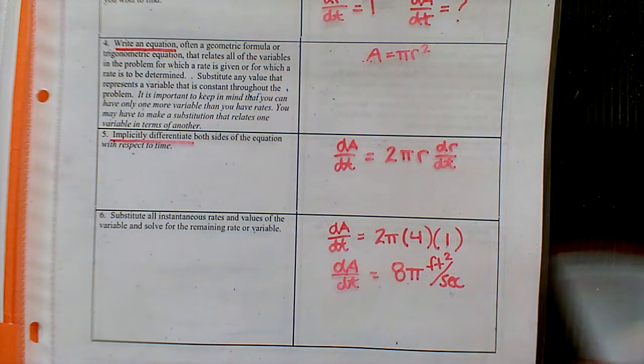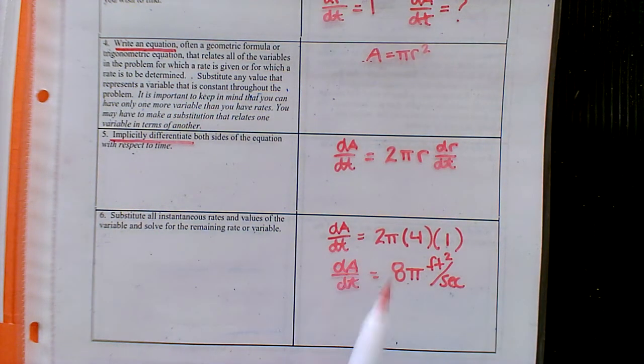It's an area. Notice how what you're calculating is the derivative of area, so you need an area unit up top. Area is always squared. Volume is always what? Cubed. So area is always squared, so we need feet squared. And our time unit from the scenario, if you look at the units at the top of the page in the little paragraph, is seconds.